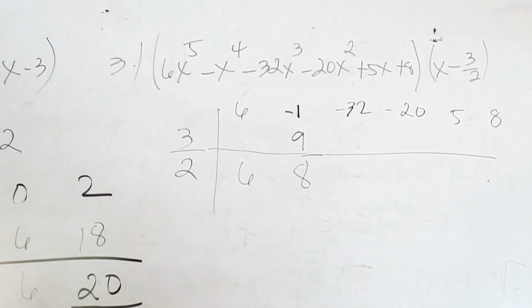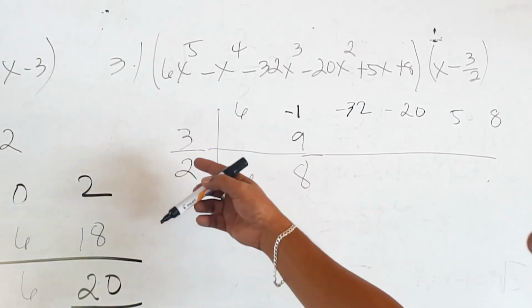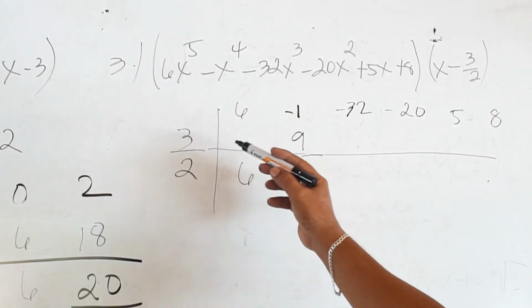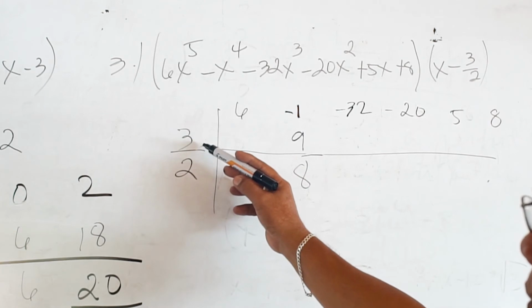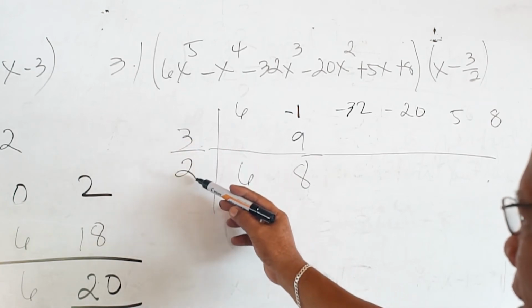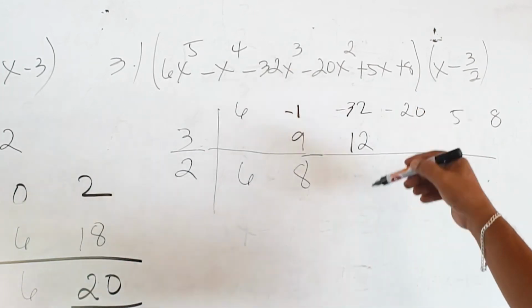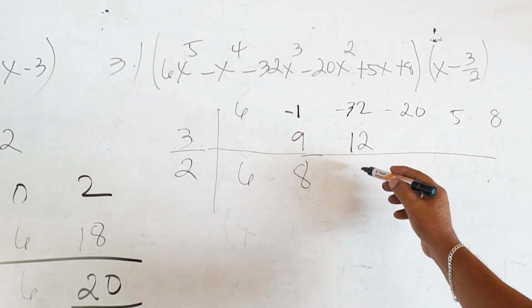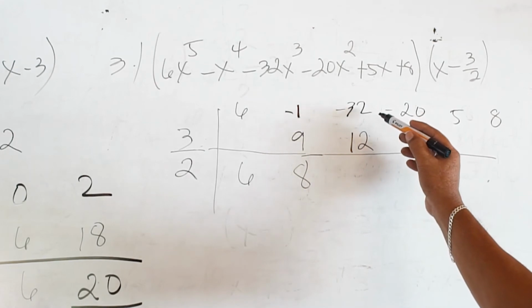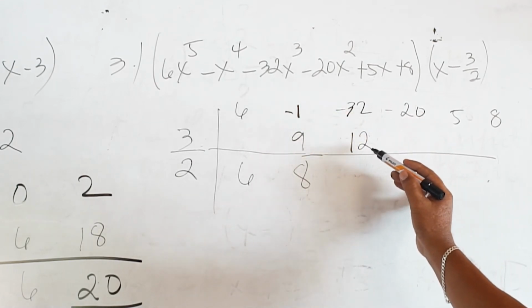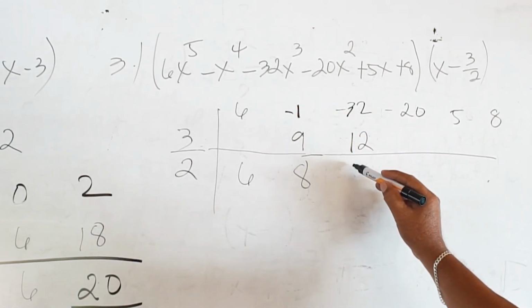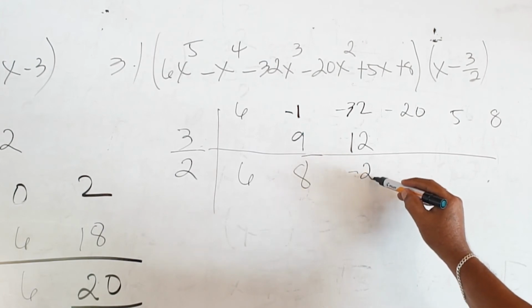Then multiply 8 times 3, 24. 24 divided by 2, so we have 12. Then add negative 32 and positive 12. Okay, we have negative 20.